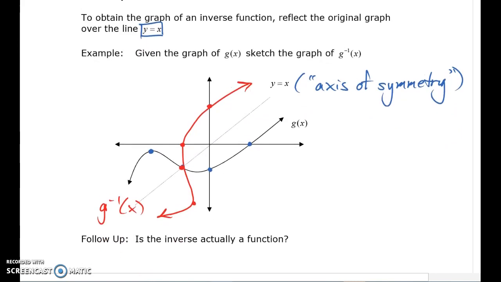Moving on. As a follow-up, it asks, is the inverse actually a function? Well, that's where the vertical line test comes about again. Vertical line test, or VLT.